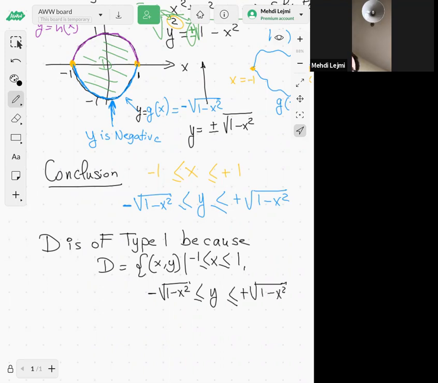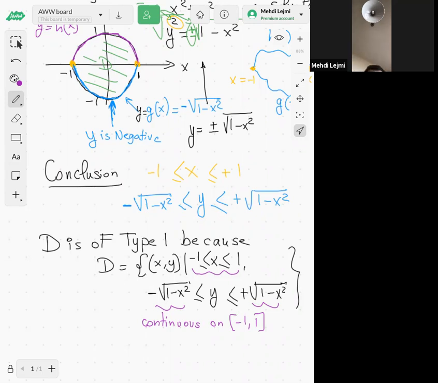Of course, just be careful, guys. These functions, plus or minus the square root of 1 minus x squared, are continuous on this interval. My x is supposed to be in the interval -1, +1, so these two functions are continuous there. There is no problem with them.